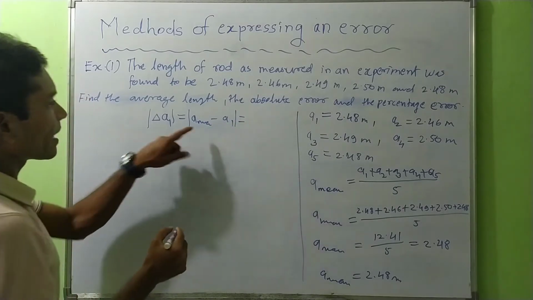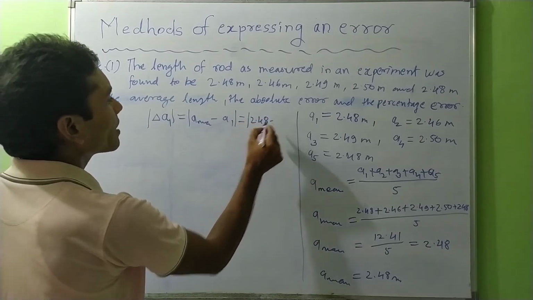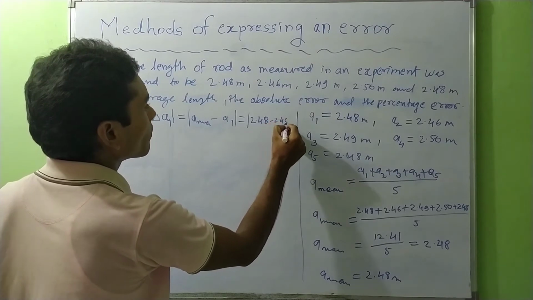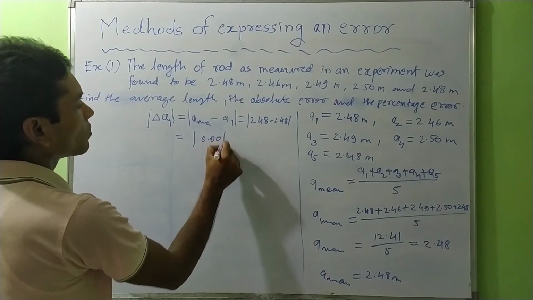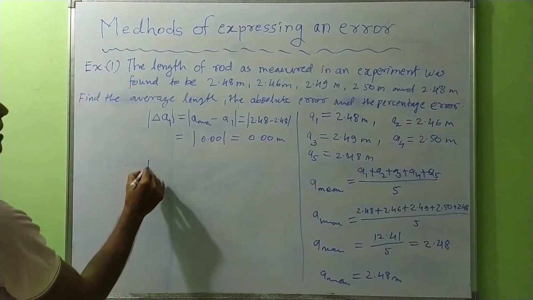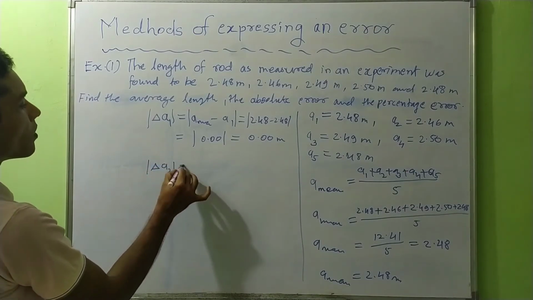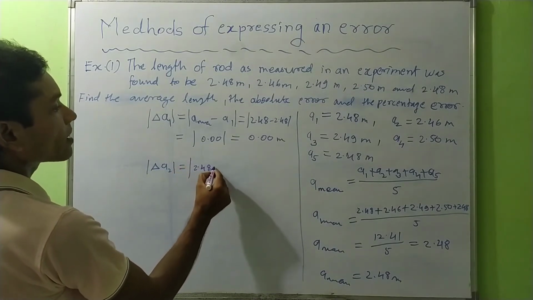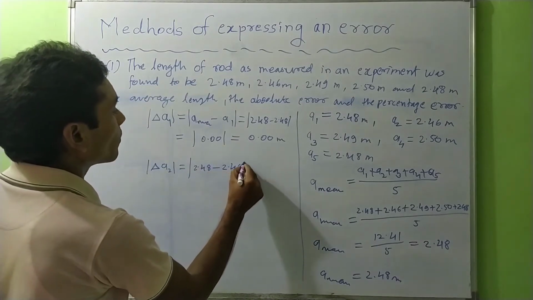So A mean is equal to 2.48, and the first reading is 2.48, so it will be equal to 0.00 meter. And the second absolute error will be modulus del A2, the mean value 2.48 minus the second reading 2.46.